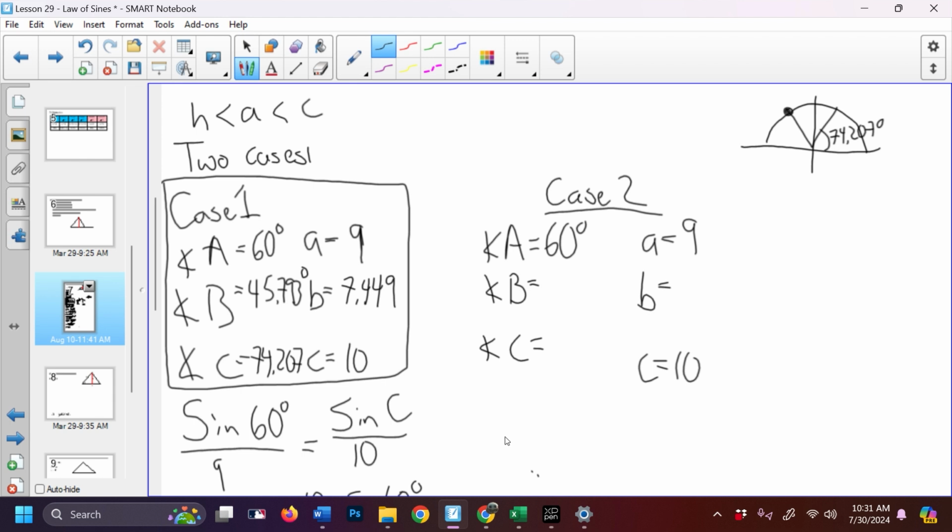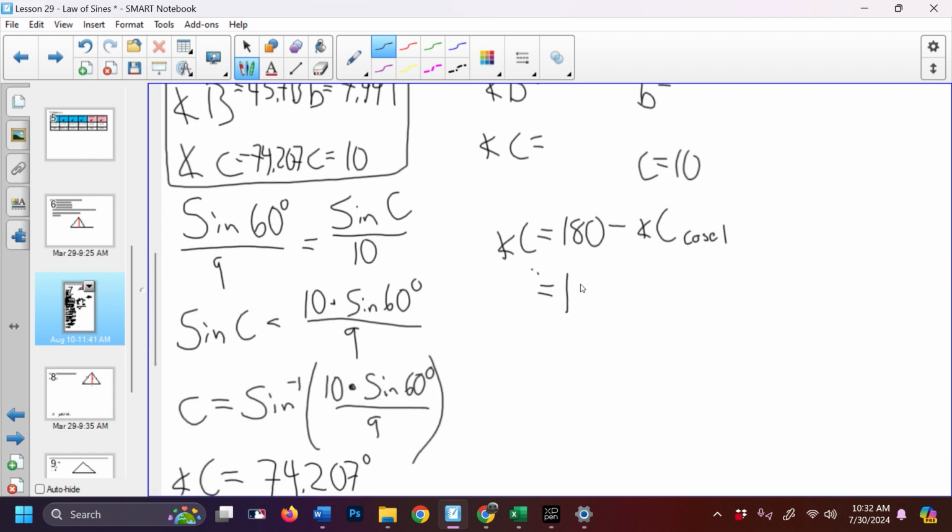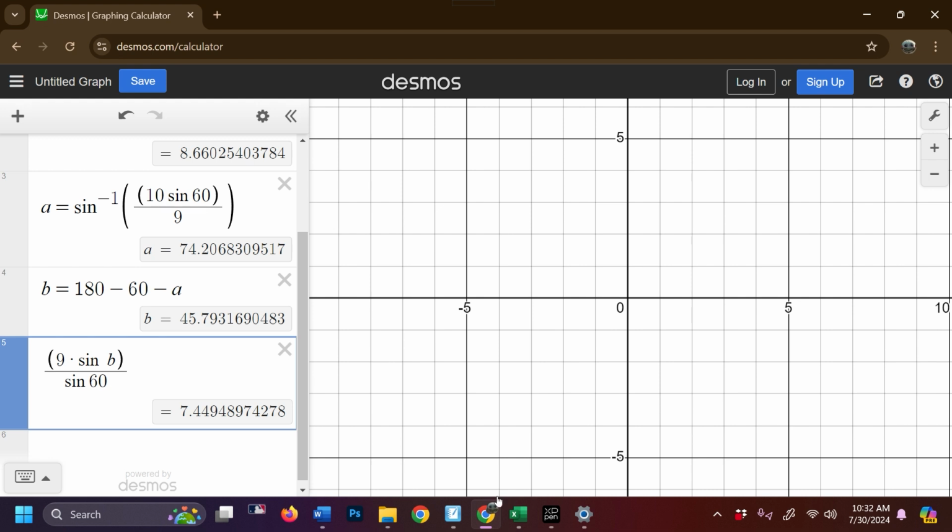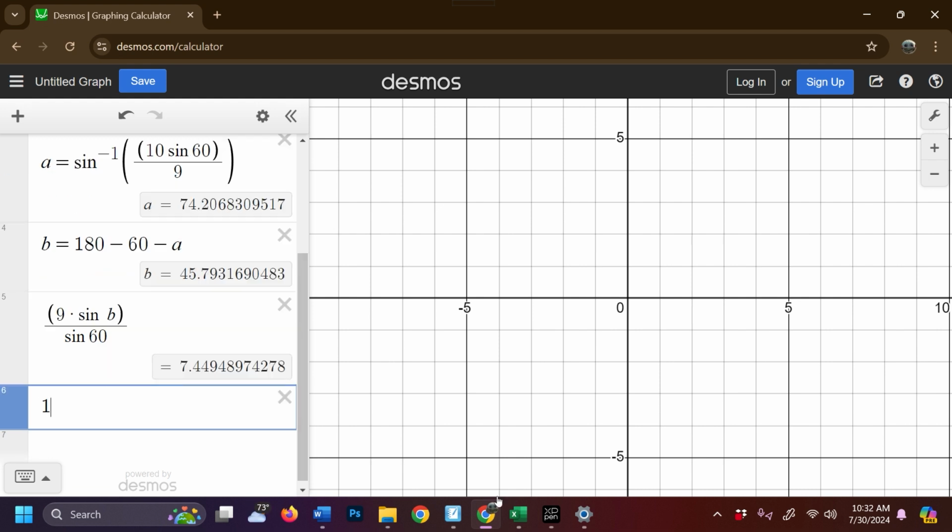So the measure of angle C for case 2 will just be 180 minus angle C from case 1. And so I'll go 180 degrees minus 74.207 degrees. Let's do that in decimals here real quick. And there's my A, so we'll just go 180 minus A gives me 105.793.